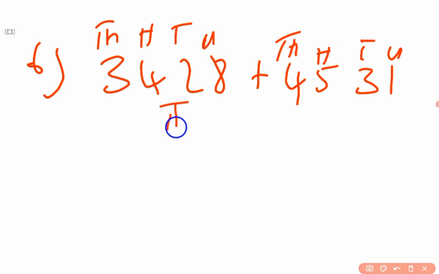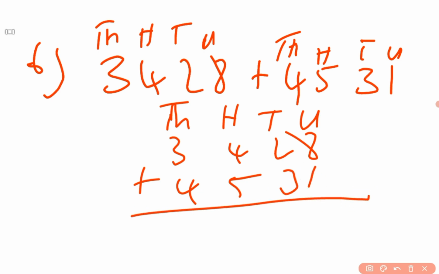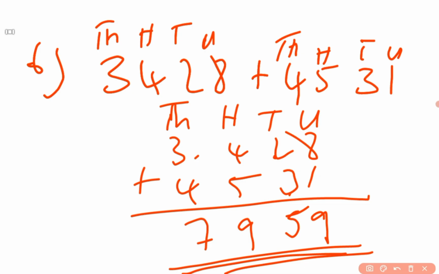Now you place your operation here, and now you're going to add. Here you have 3428 plus 4531. Now 8 plus 1 is 9, 2 plus 3 is 5, 4 plus 5 is 9, 3 plus 4 is 7. So here there is no carrying.